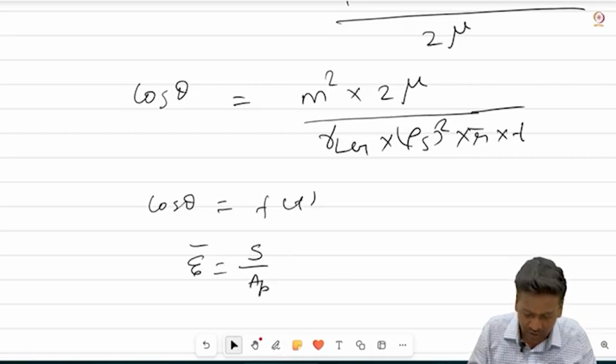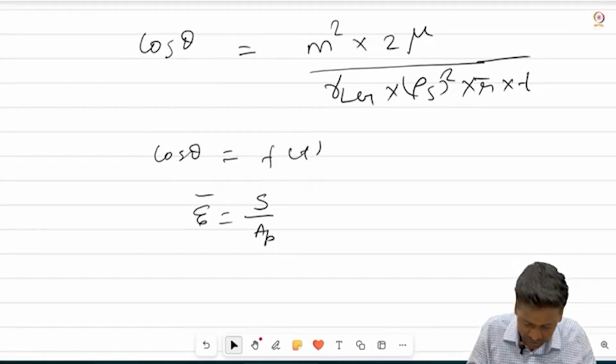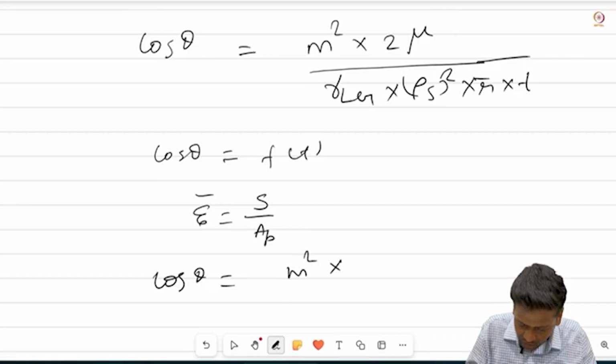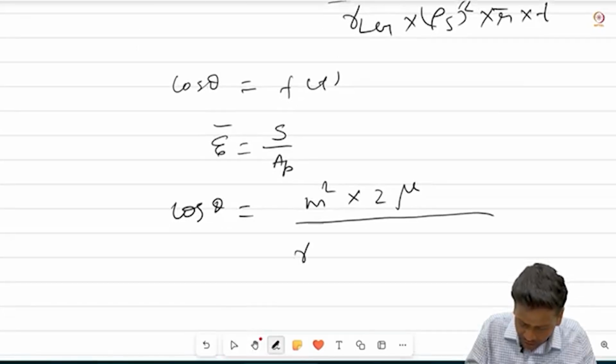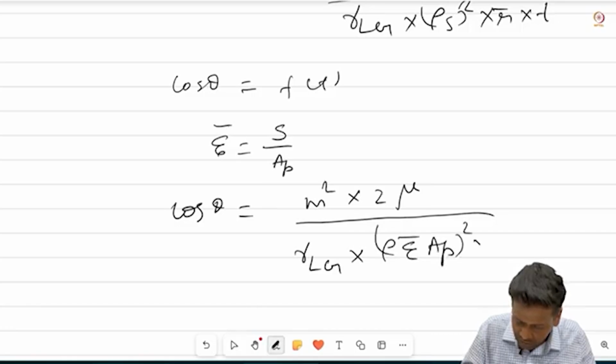So this will give me the porosity. If I substitute this over here, I can simply get cos theta as m square into 2 mu divided by gamma Lg into the rho S square, which is going to be my porosity multiplied by AP square, into R bar into T.